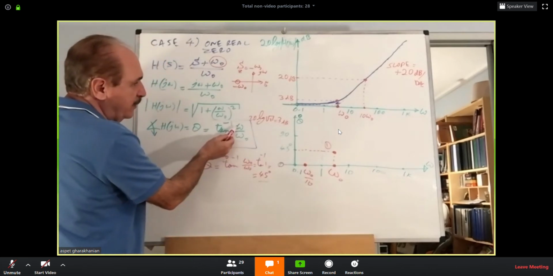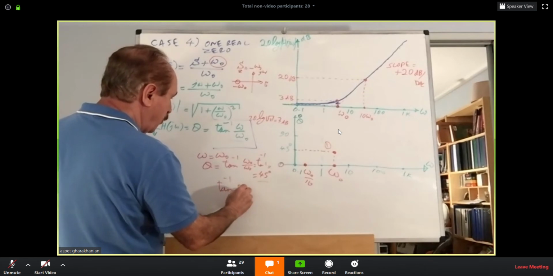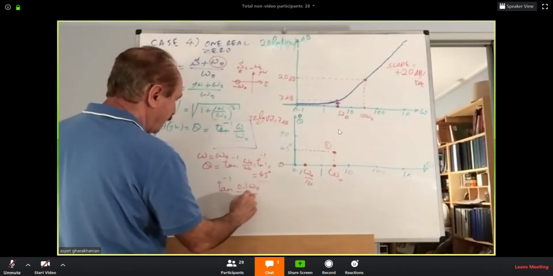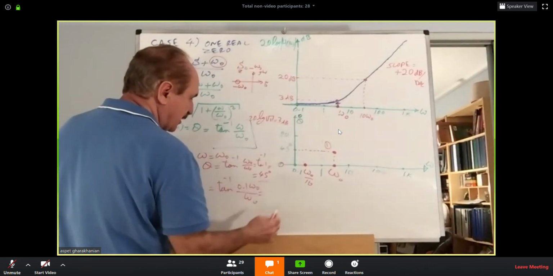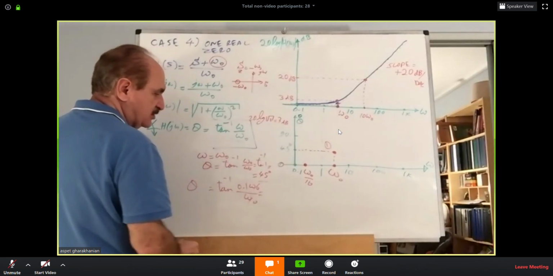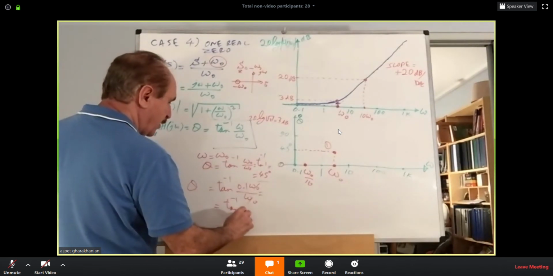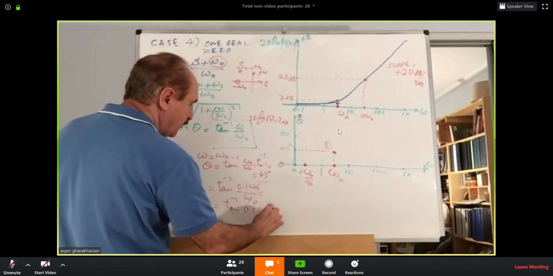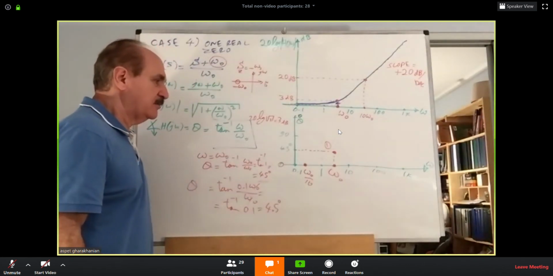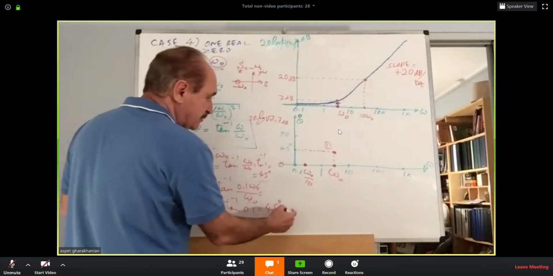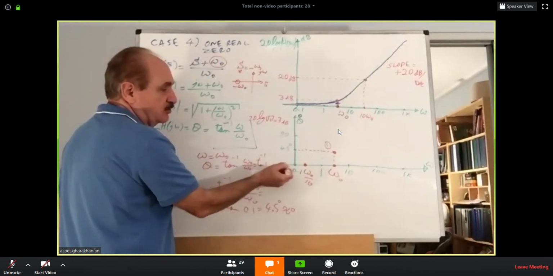If you make omega equal to 0.1 omega O, then omega O over omega O, and you put that into your calculator, omega O's cancel, and tan to the minus 1 of 0.1 is about 4.5 degrees. That's what your calculator will tell you. 4.5 degrees is approximated to a 0. That's why it is marked on the 0 degrees.